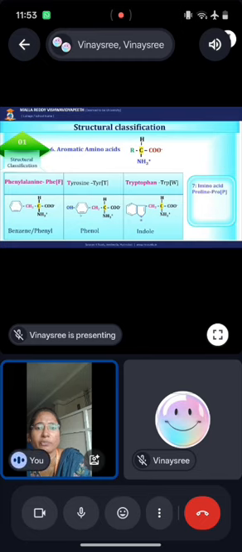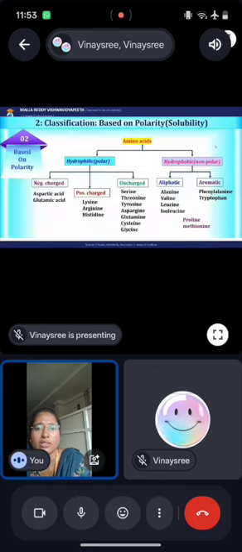Whereas coming to the phenol structure present at the third carbon, then tyrosine, and the indole group is present at the third carbon, then it is called as the tryptophan, and if the imino group is present, then we can call it as proline. These are the classification for the aromatic amino acids.